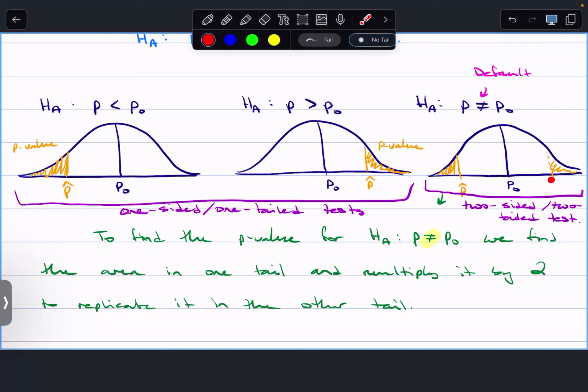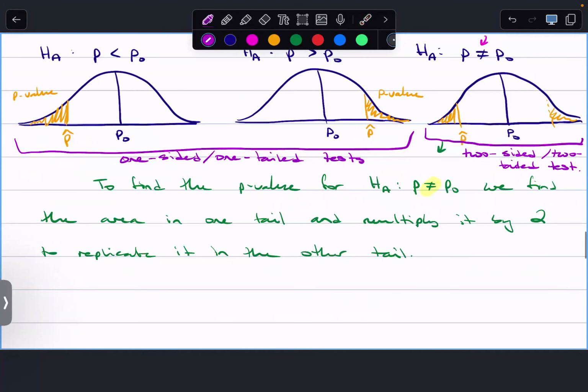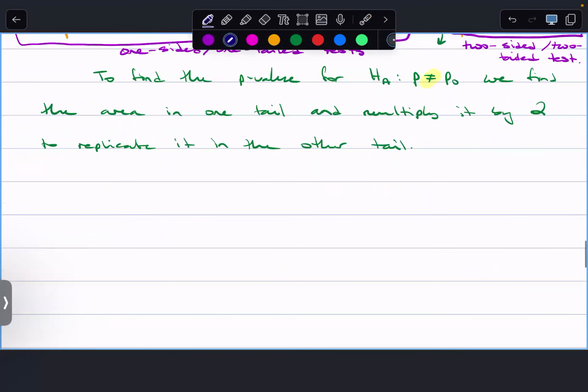Which makes it harder to reject H naught, which is what we're working towards, right? There's evidence to reject H naught, or maybe there isn't evidence to reject H naught if the sample proportion and the hypothesized proportion are not far enough apart. Okay, how about step 2?